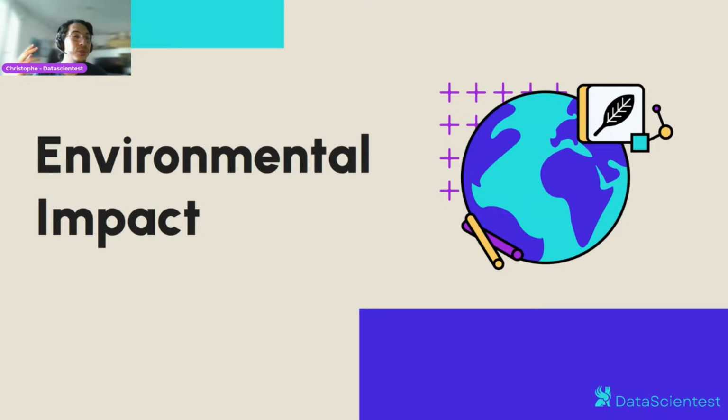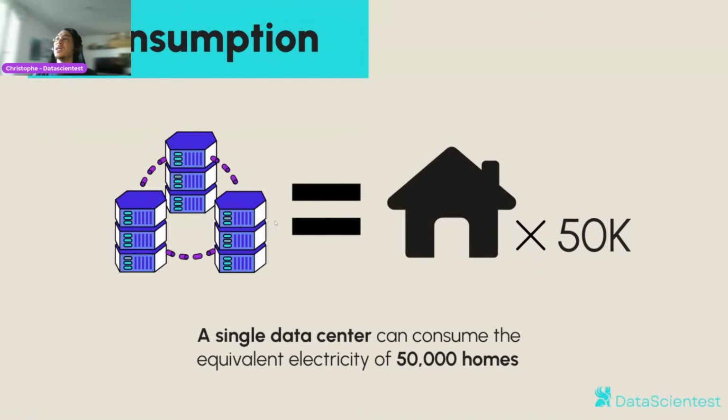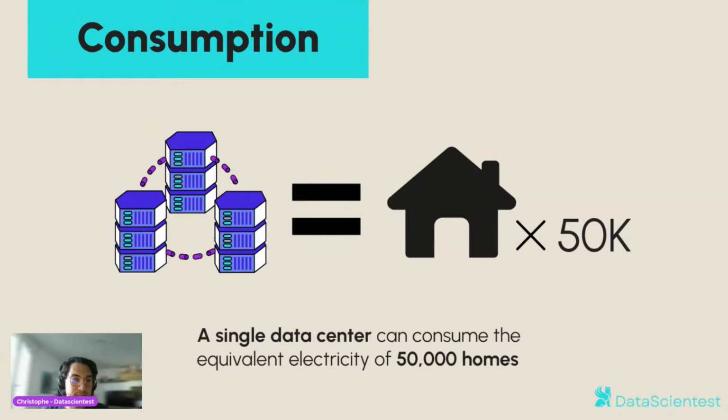It's just to give you the knowledge and for you to better understand the cost behind it, other than taking a subscription. Okay. So the first thing is consumption, right? Basically, a single data center is technically consuming the equivalent electricity of 50,000 homes.